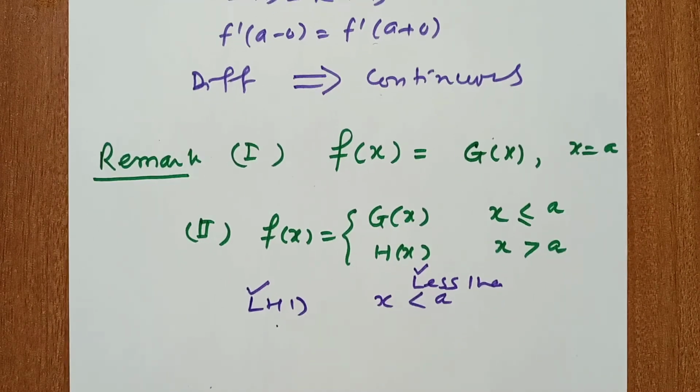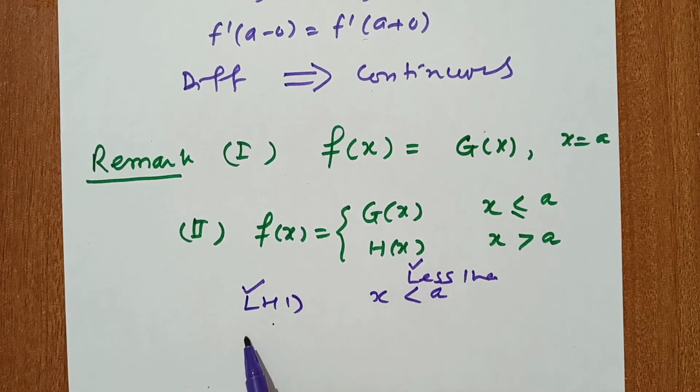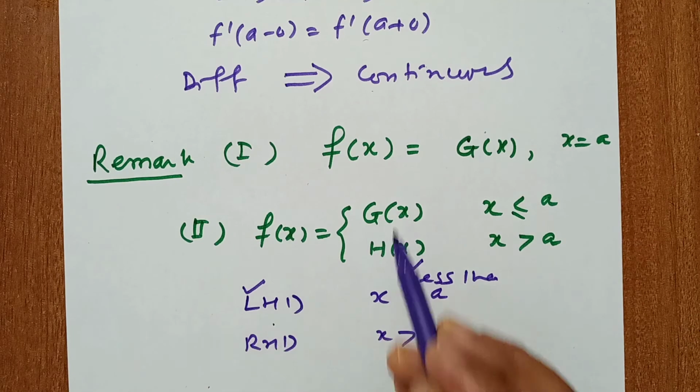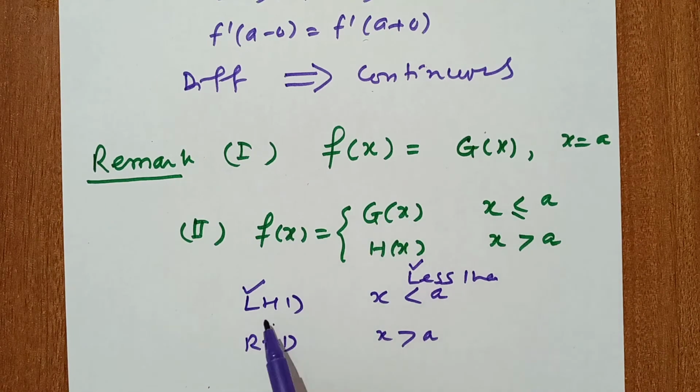And h(x), in the case of right hand derivative, we will take x greater than a. So this is very important to calculate any question. If you are given two functions, in case of left hand derivative we will take this value, and in case of right hand derivative we will take this value.